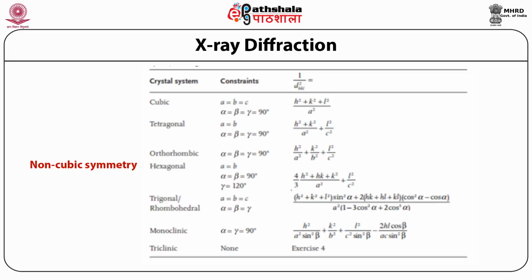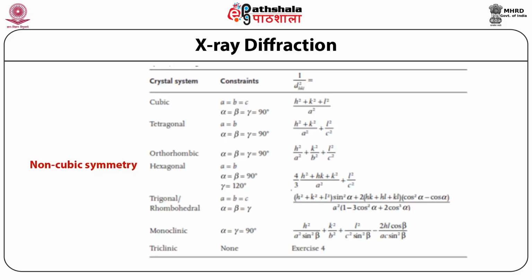And similarly in this orthorhombic structure all a, b, c are different, but all angles are 90°. You can see that h square upon a square plus k square upon b square plus l square upon c square. So depending on the unit cell, because all three sides are different, there is not a single lattice constant here.